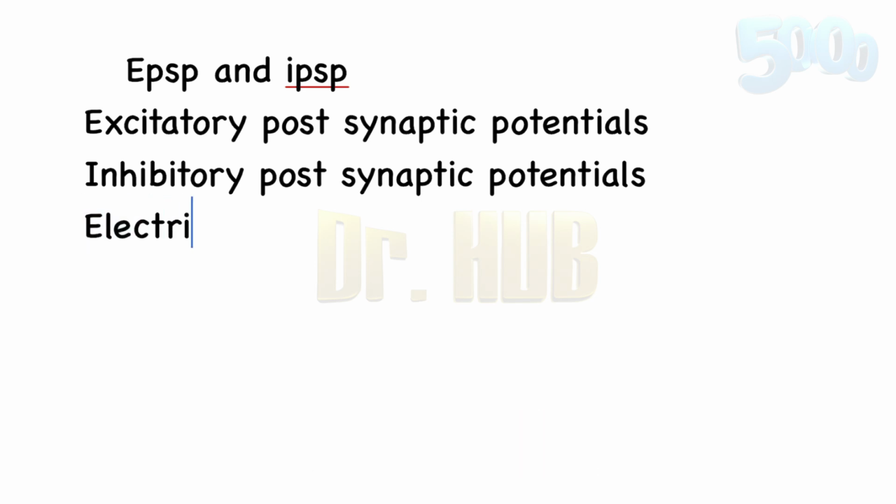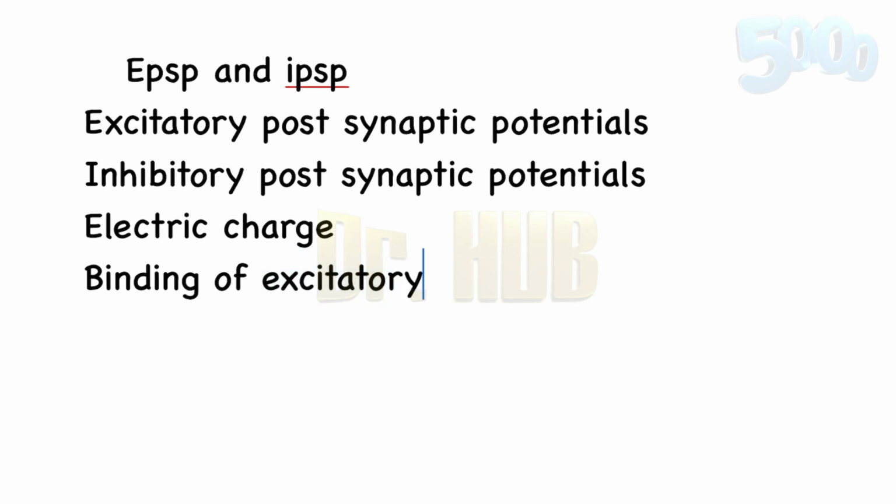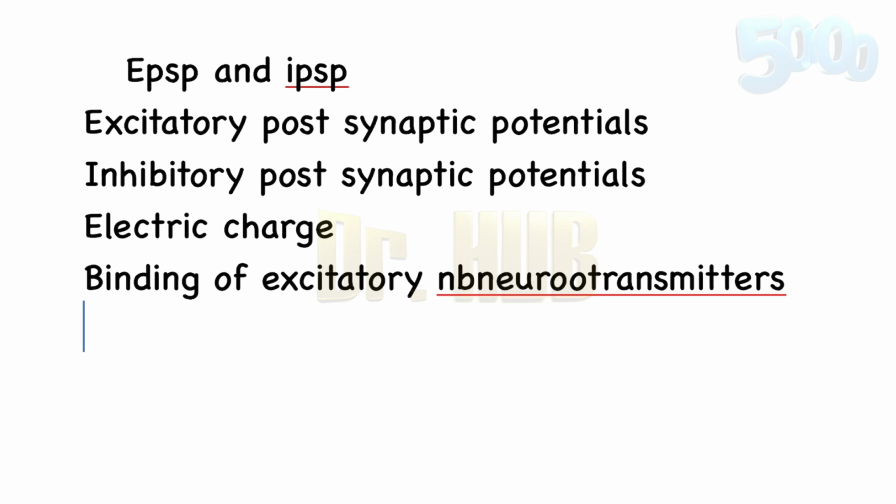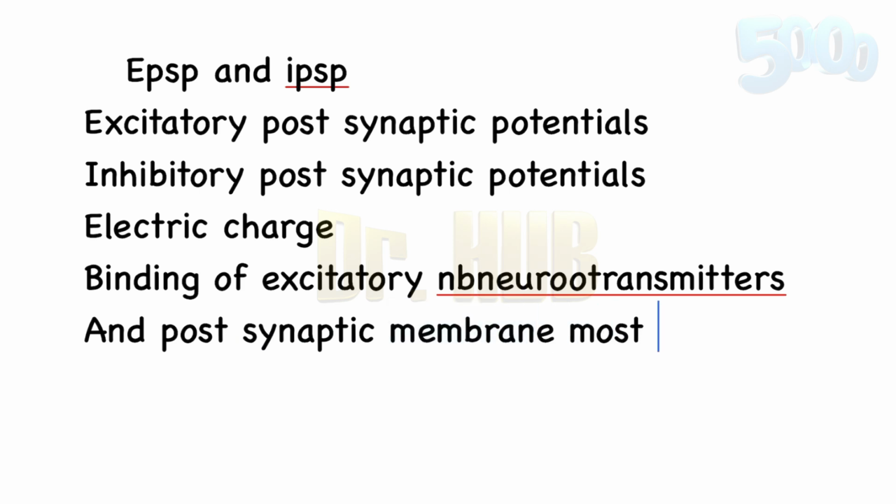It is an electric charge on the postsynaptic membrane, which is caused by the binding of the excitatory neurotransmitters, and it makes the postsynaptic membrane more likely to generate the action potential.